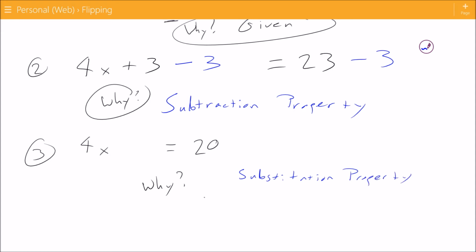I know that 4x plus 3 minus 3 is equal to 4x.